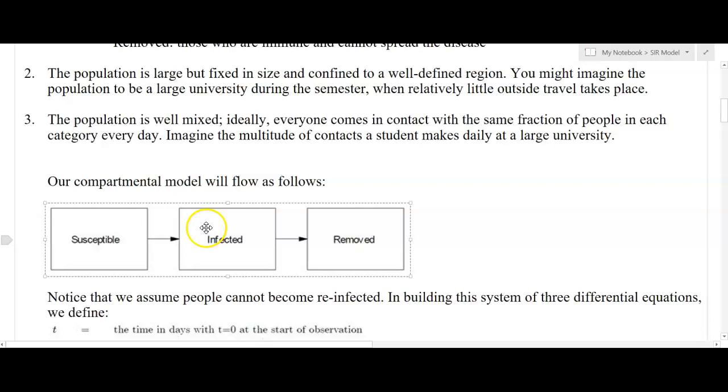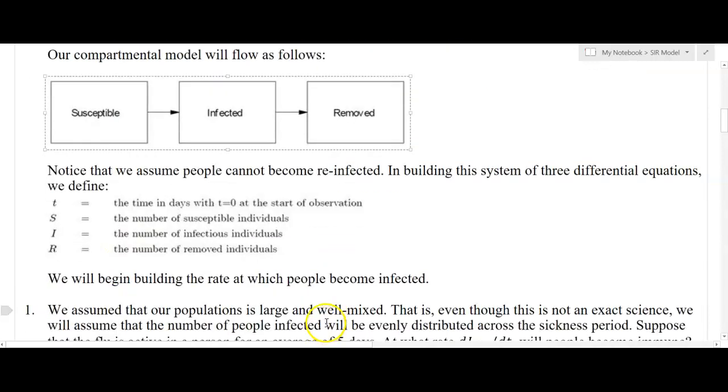It's sort of like the compartmental tank models where we have one tank flowing into another, but the flow actually occurs from susceptible to infected to removed, meaning that at some point everybody will become part of the removed group, and at time zero a certain percentage may start in each one of these three groups.